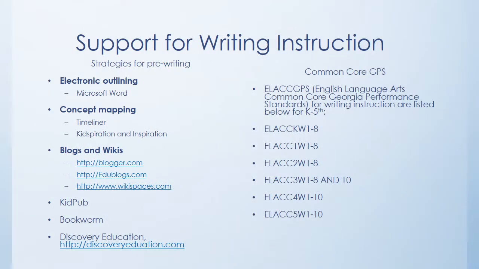Support for writing instruction. Electronic outlining is integrated into almost all major word processing programs and is easily accessible as a planning tool. Electronic outliners automatically generate headings and subheadings from typed information. Concept mapping is a great pre-writing tool.